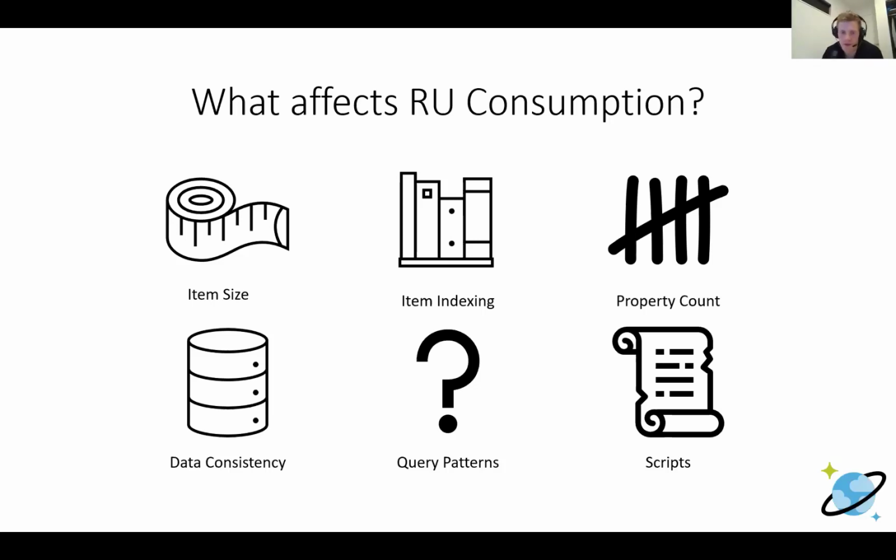So the consistency setting on your Cosmos DB account does have an effect on request unit consumption. The complexity of our queries and server-side scripts matters as well. Depending on what kind of querying you're using, either the SDK or stored procedures, that can have an effect on request unit consumption too.